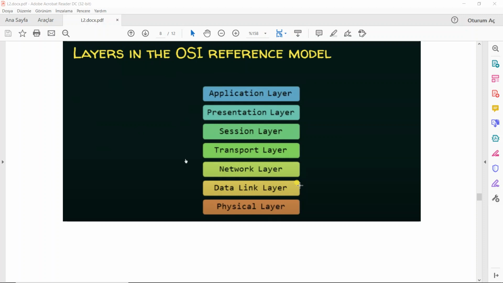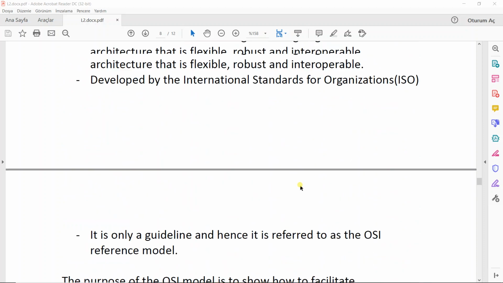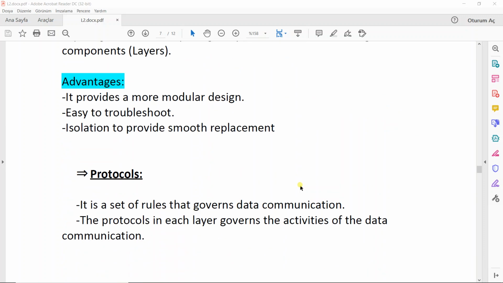So layering makes all the other layers irrelevant to the physical layer and the connection link that you used. You just continue using the same layers. So this is the importance of this. We will be discussing these layers in detail, one by one.